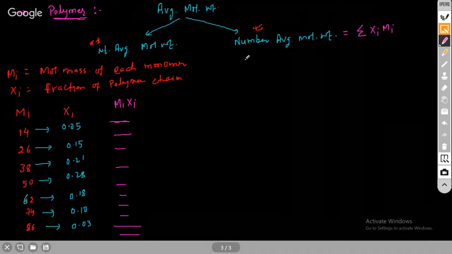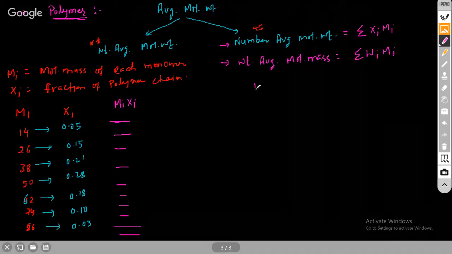Okay. Now the weight average molecular mass is equal to summation of wi mi. Now wi is what?